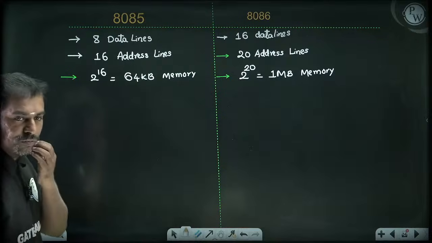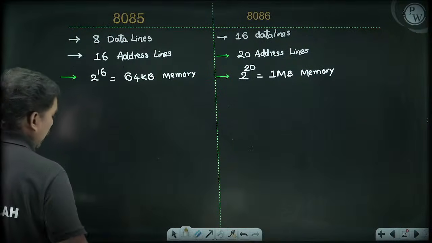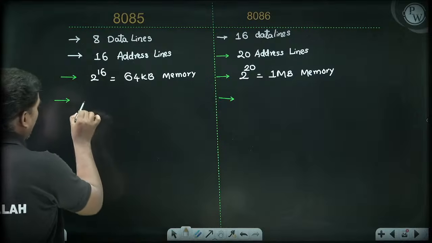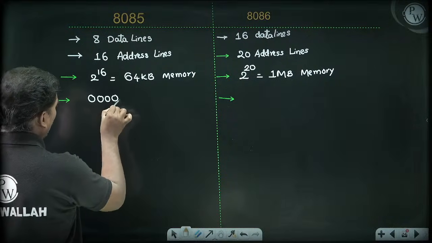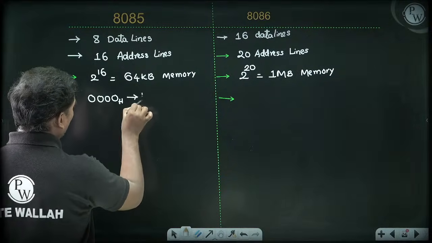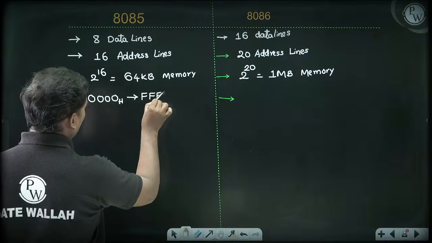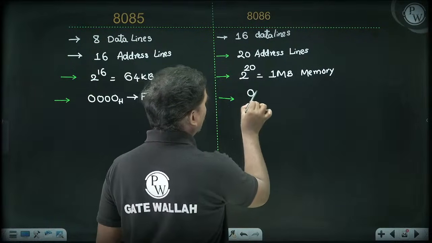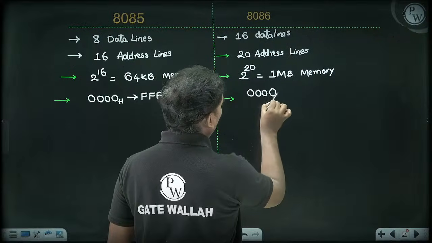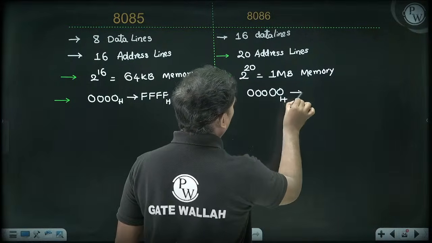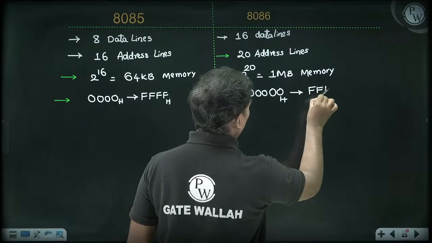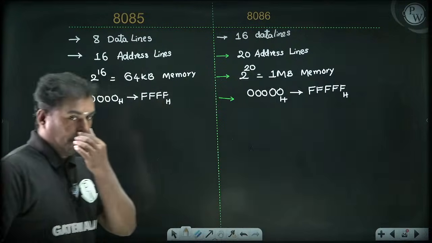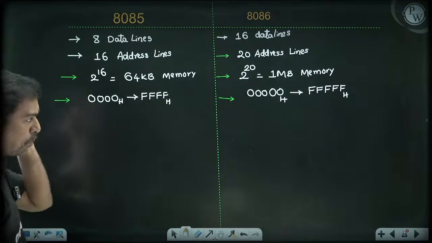Now if you see the range here and the range here, the range here is 0000H to FFFFH, and here the range is 00000H to FFFFFH. Okay, so these are the key points.